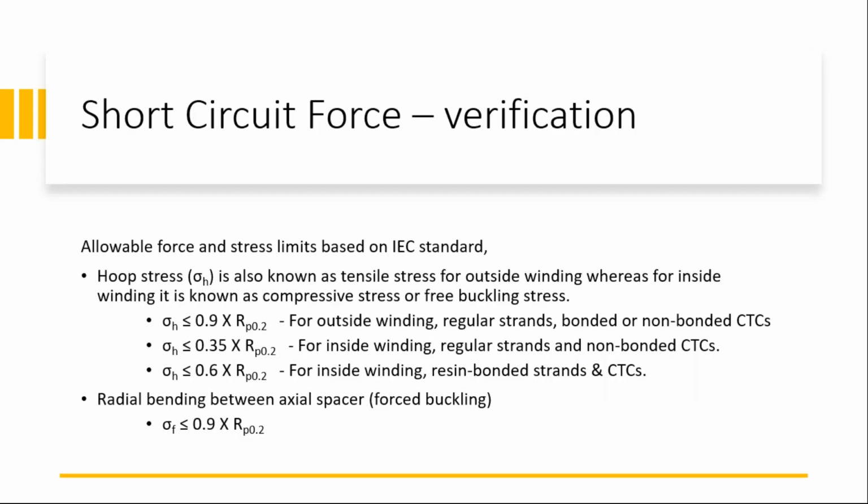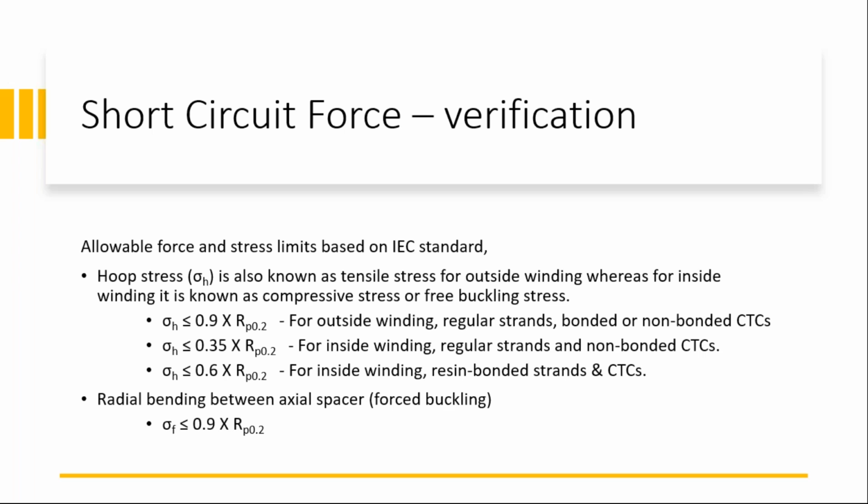After the short circuit calculations are done, the results have to be verified with respect to the standard and the limits. So in this slide, we shall see the limits prescribed by IEC 60076.